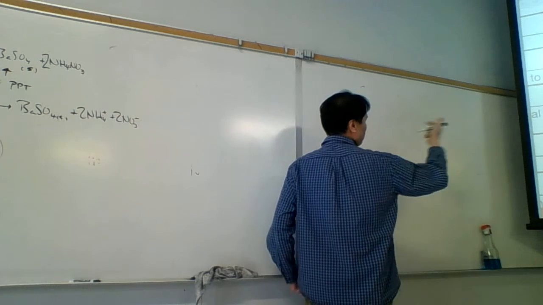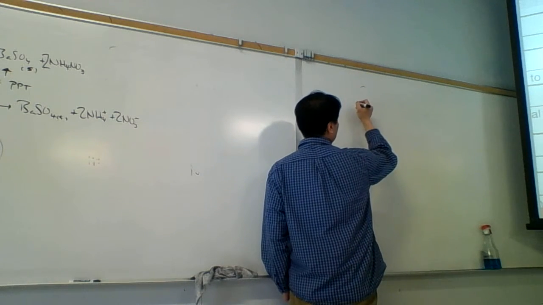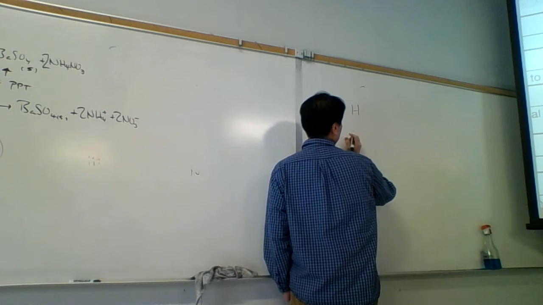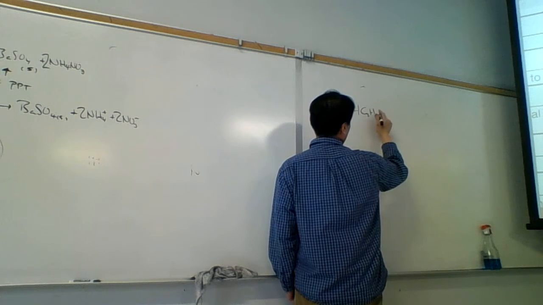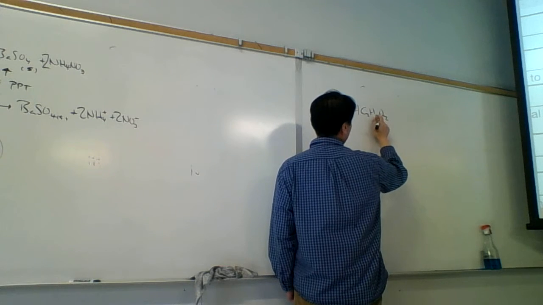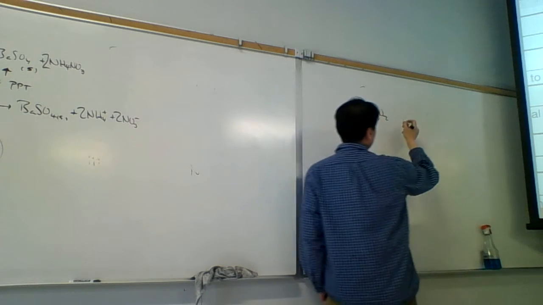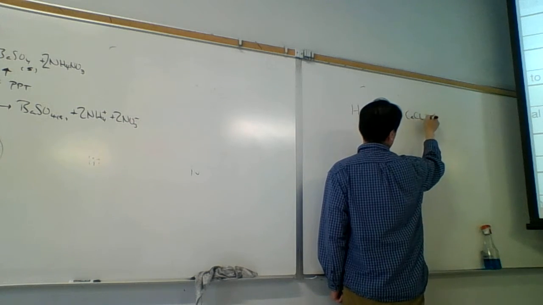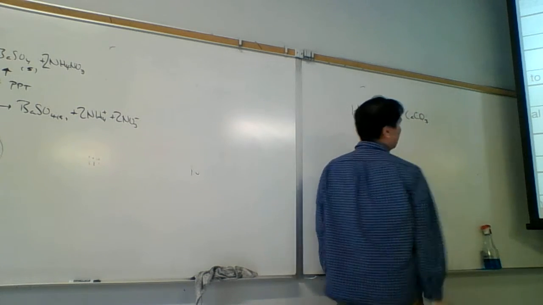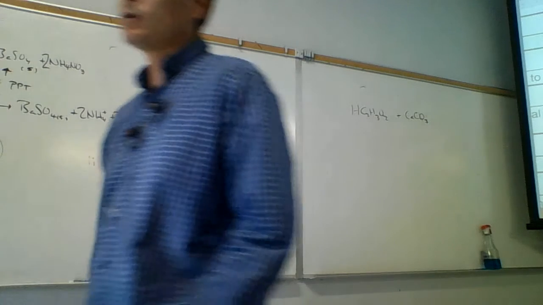And so this is an acid-base reaction. I know acetic, what's the acetic acid? HC2H3O2. It's acetic acid. And then calcium carbonate? CaCO3. I know this is a Bronsted acid-base reaction. How do I know?